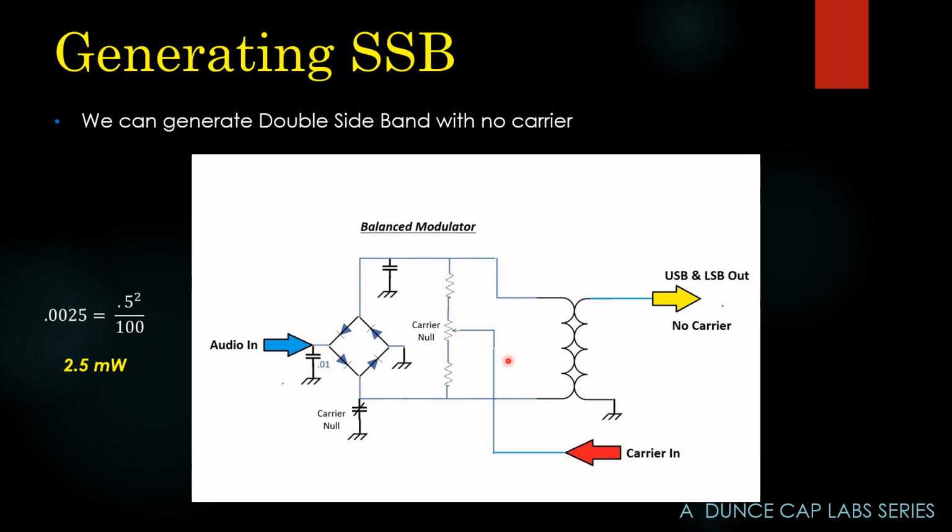I found out that a half a volt of RF energy works the best in this circuit. So a half a volt squared divided by 100 ohms, according to Ohm's law, is 2.5 milliwatts. Now, in the electronic world, that's a very high drive level. But to you and me, being radio people, we can generate 2.5 milliwatts easy, so we don't care about the high drive level. It means nothing to us.